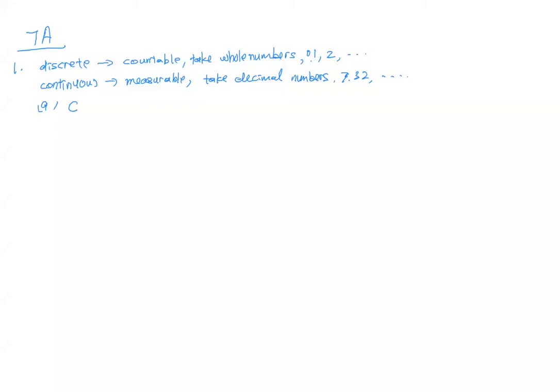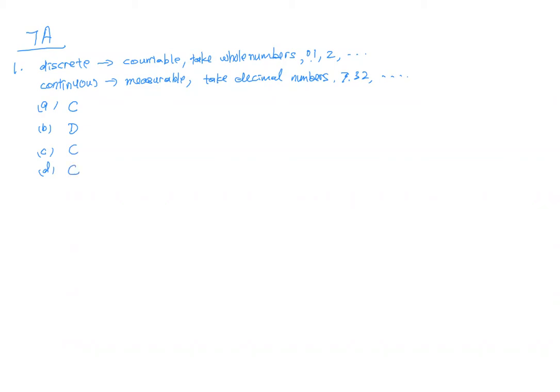Okay, B. The mark out of 50 for a geography test. Vicky? Discrete. Thank you. C. The weight of a year 12 student. Continuous. D. Volume is measurable.